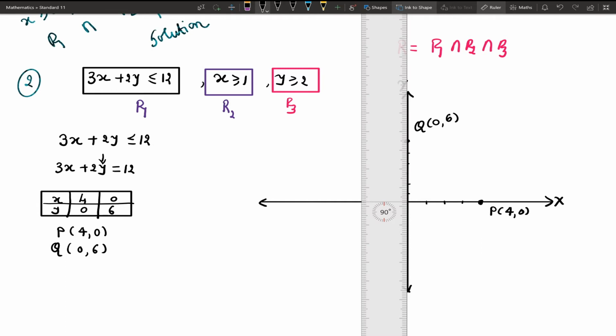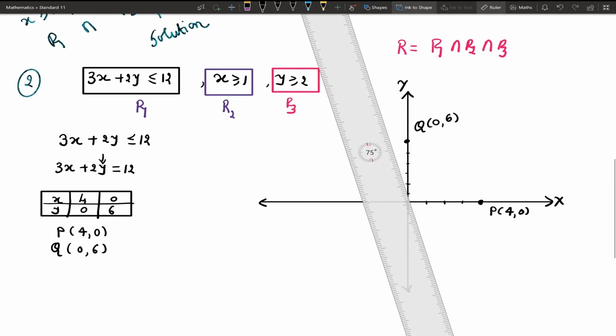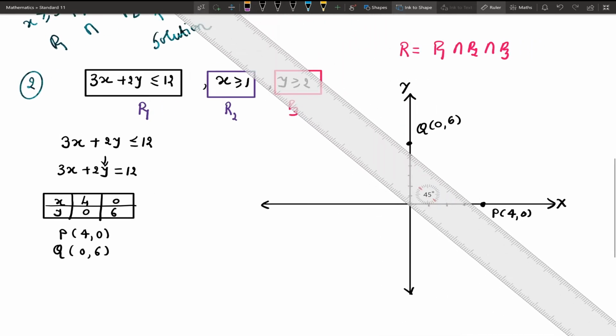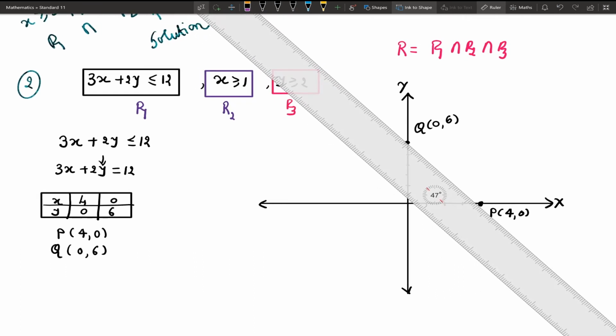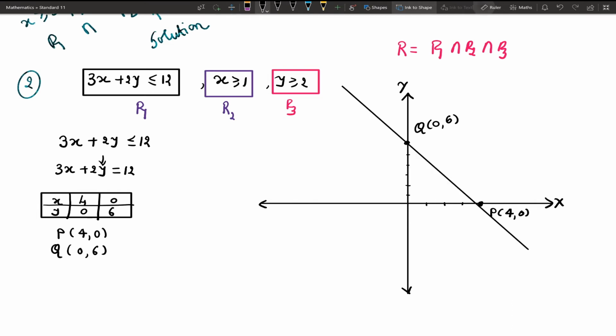Now we join the 2 points, so we will get the line PQ. So this is the line 3x plus 2y equal to 12.